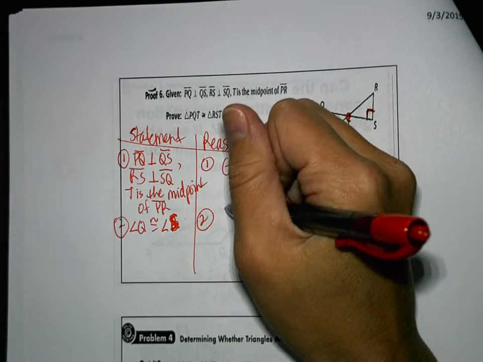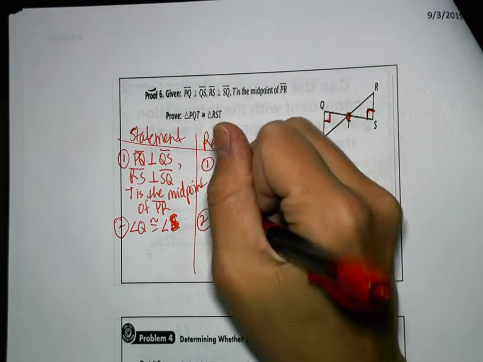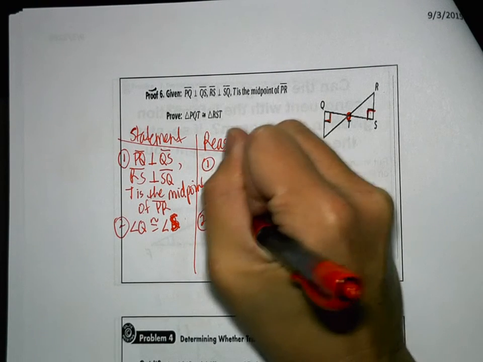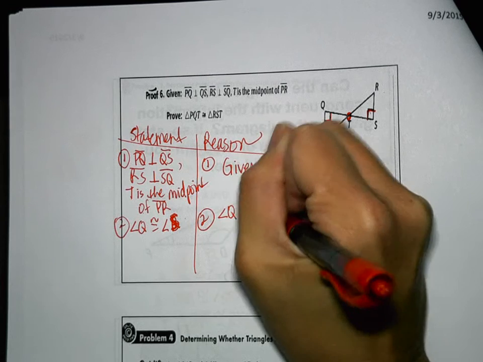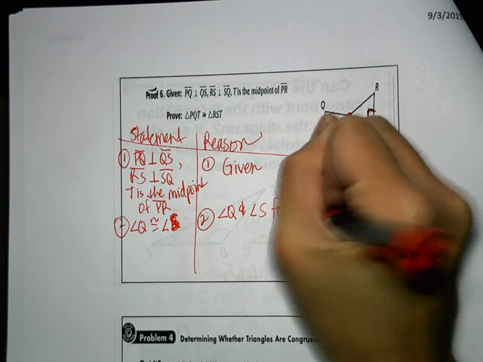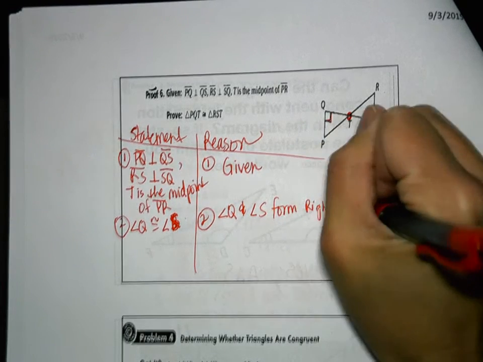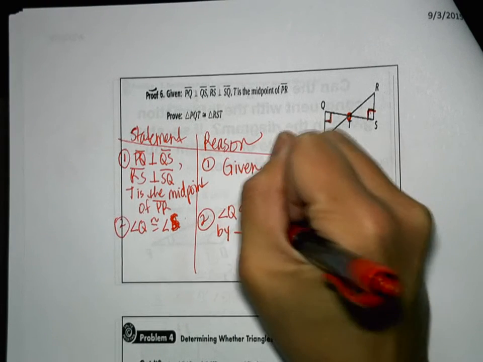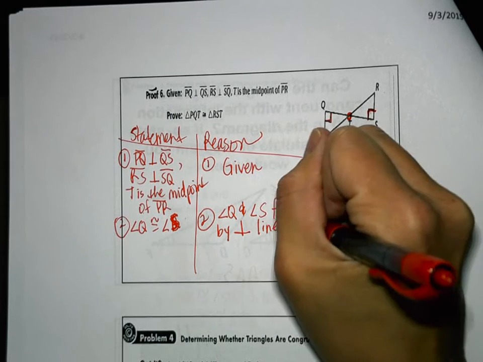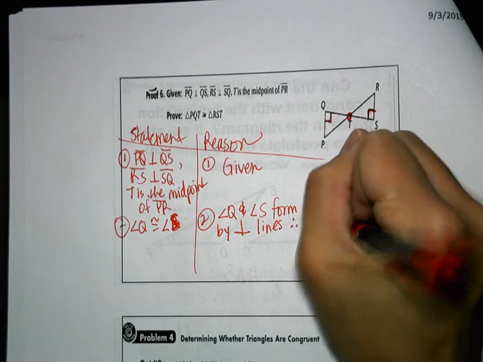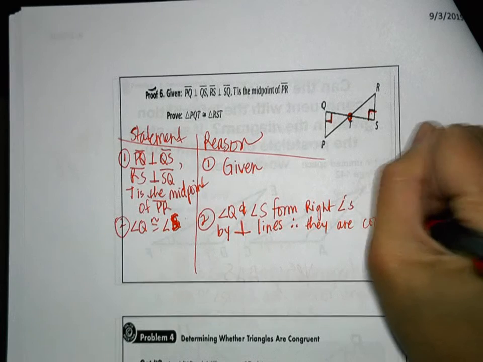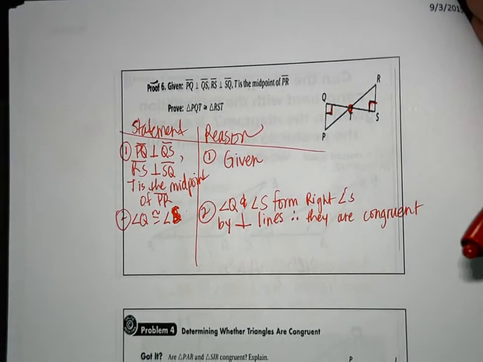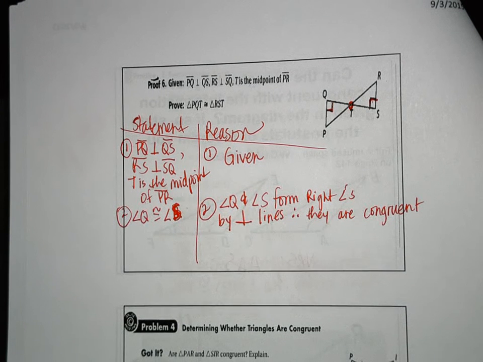If you just put because of perpendicular lines, that would work, but I'm going to give you more detail right now, and so I'm going to put angle Q and angle S form right triangles by perpendicular lines. Therefore, they are congruent. Does that make sense?